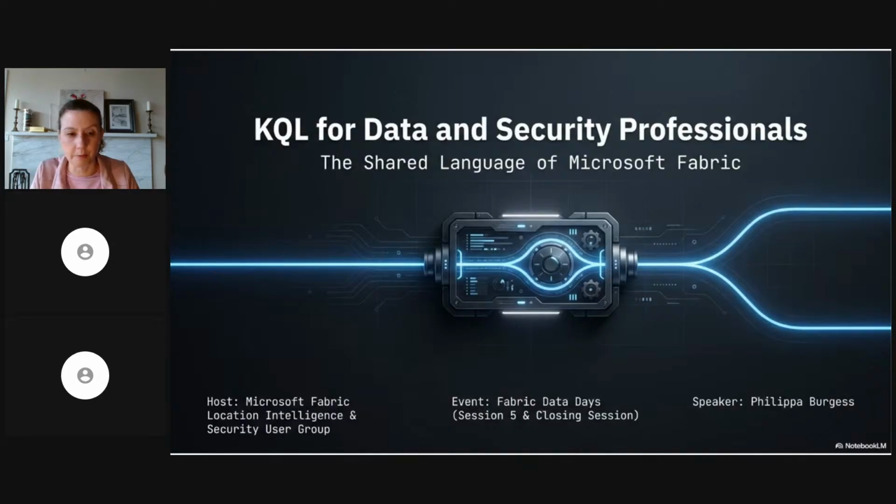Then I transitioned as I graduated and offboarded from being a student ambassador to being a spokesperson in the Microsoft Fabric community, and saw there was a gap in both the location intelligence and security conversations, so we came together to fill that gap.